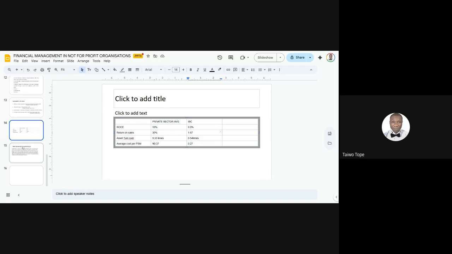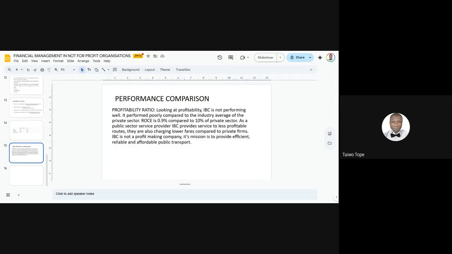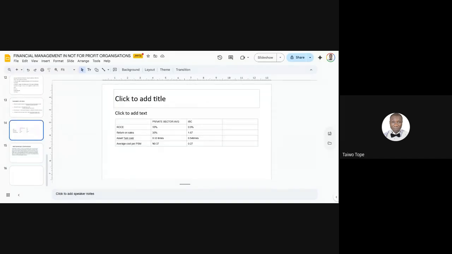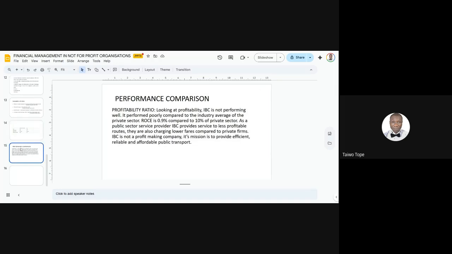Then the net profit is supposed to be captured too. This is 30% and this is 1.67%. So we can also talk about that the net profit margin is 1.7% compared to 30% of the private sector. You can also look at that comparison, still under the profitability ratio.